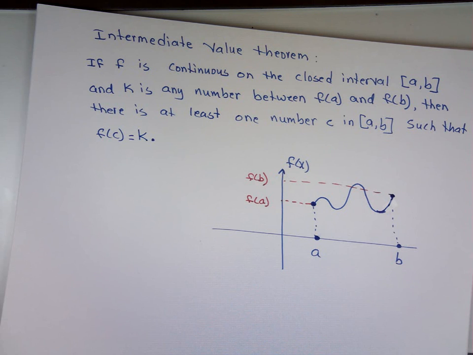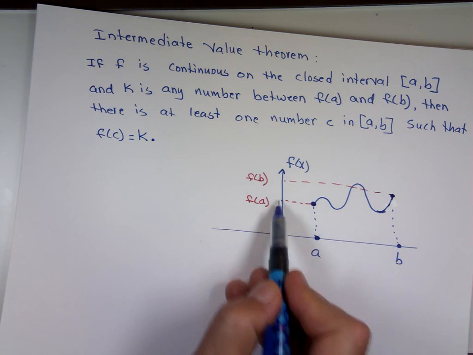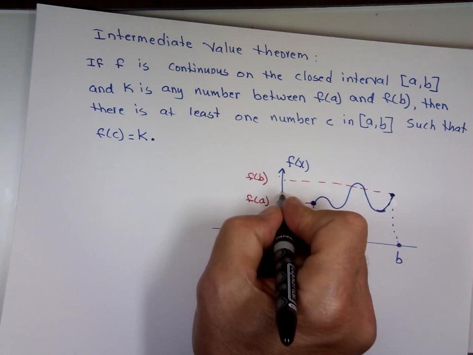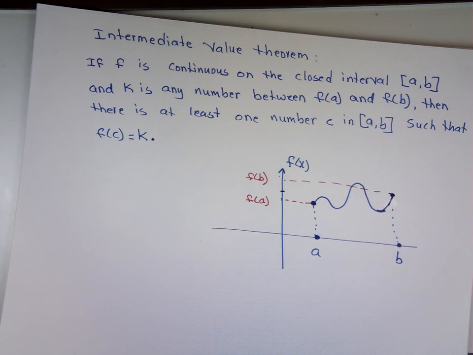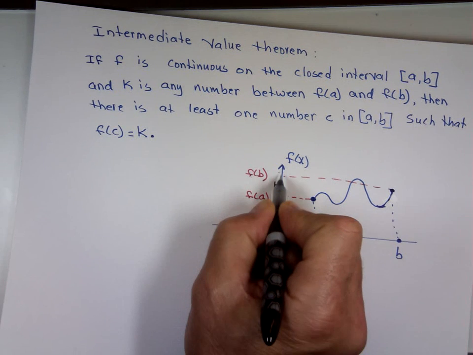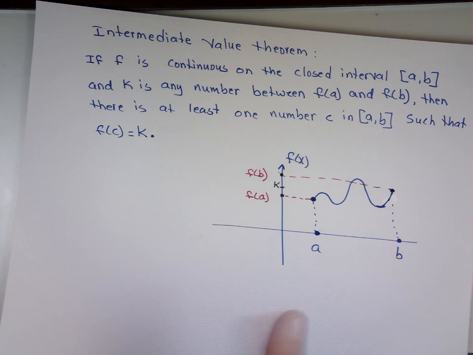It says if you pick any number between this value and that value, any number, pick anything that you want. Let's pick this point, like this one. That's my k, between this value and that value. It says there has to be at least one point.